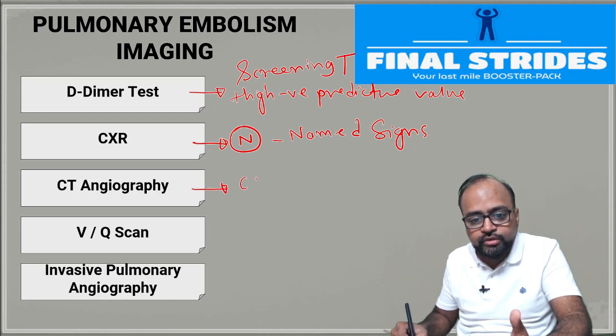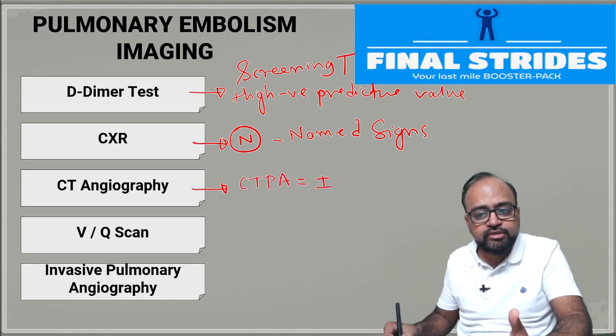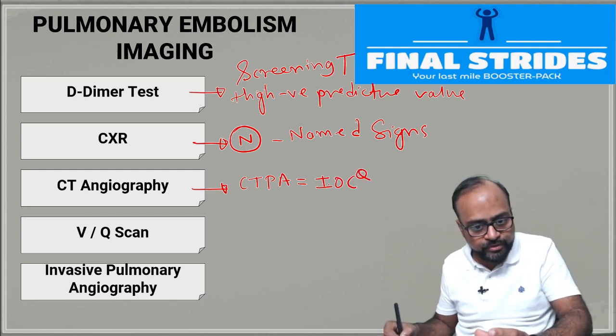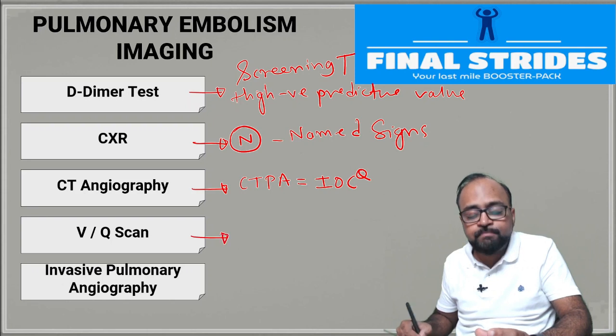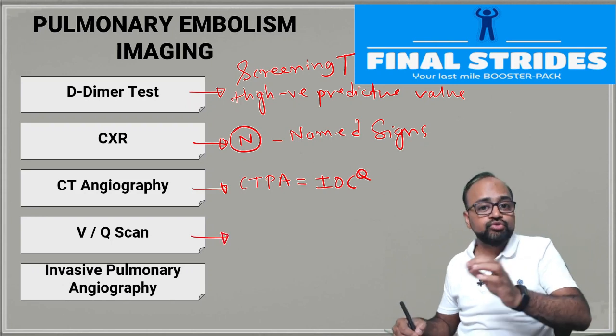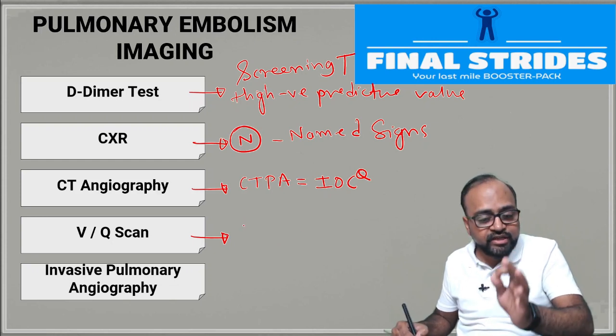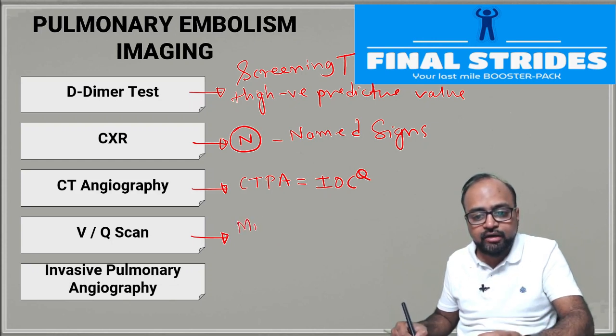CT angio or CT pulmonary angio is considered to be the investigation of choice for pulmonary embolism imaging. Ventilation perfusion scan, VQ scan, was done in the olden days. It is not commonly done now. Defects described on ventilation perfusion scan are mismatched defects.